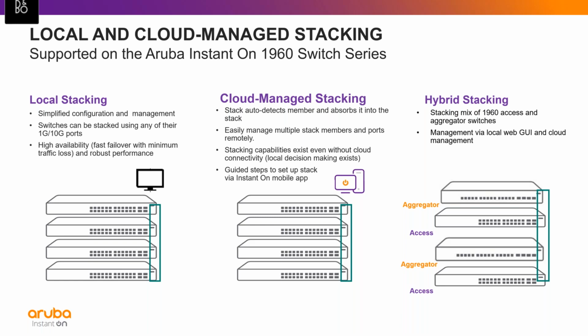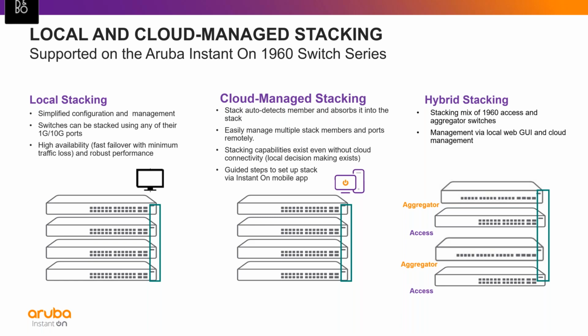Okay, so with the 1960 line of switches, what you've got is what we refer to as local stacking, which means that these products are not being managed in the cloud. You just want to have these in a stack, and notice here I'm showing an example of 4 actually connected in a stack, which is the maximum you can have in a 1960 line of products.